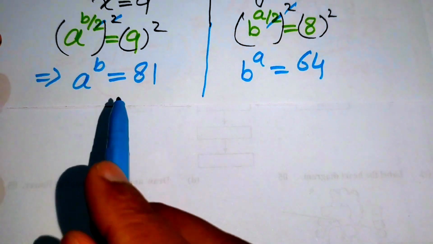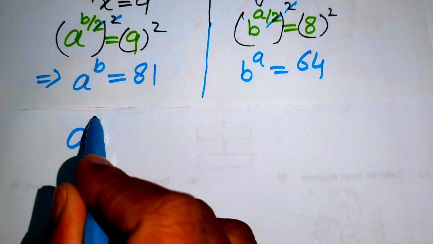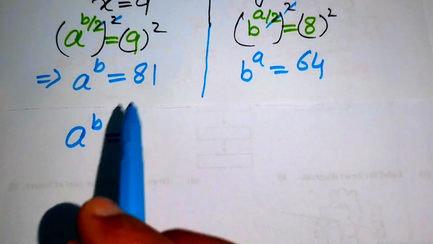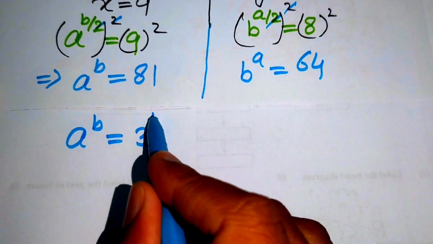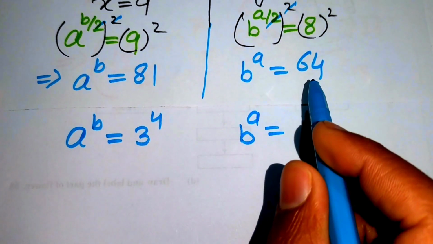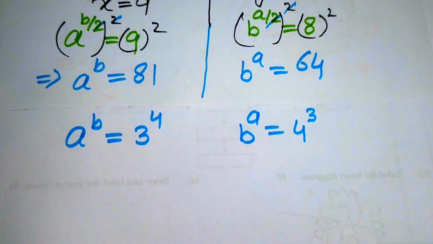And now in the next step we factor 81 and 64. We write a to the power of b equals 81, and we know that 81 equals 3 to the power of 4, and b to the power of a equals 64, and we know that 64 equals 4 to the power of 3.